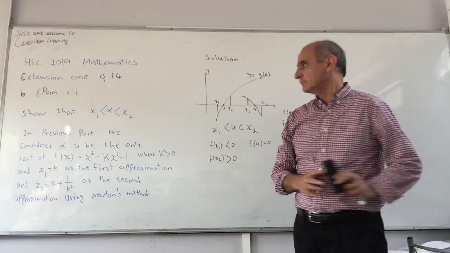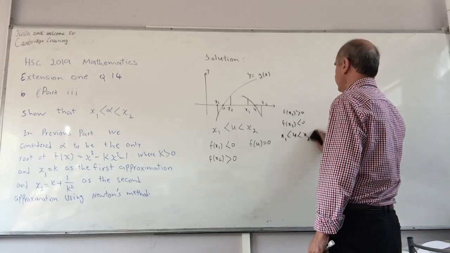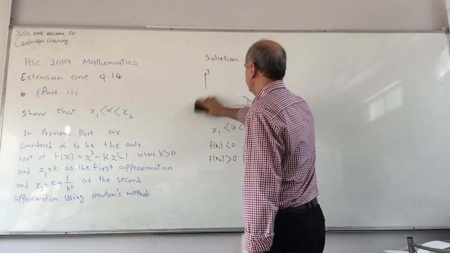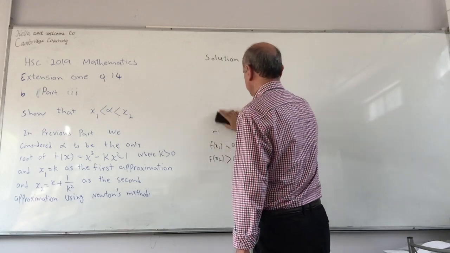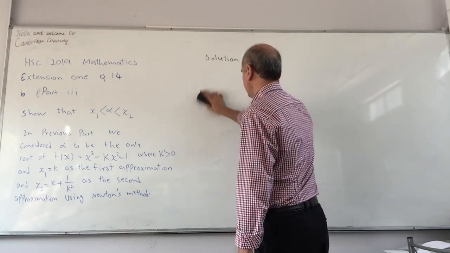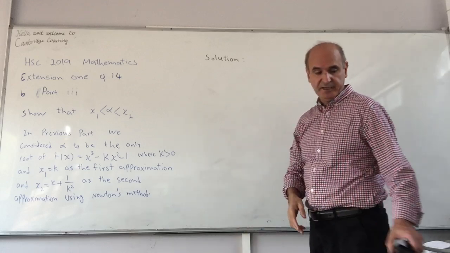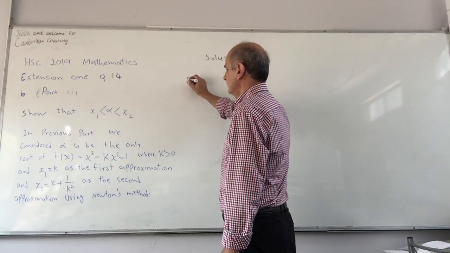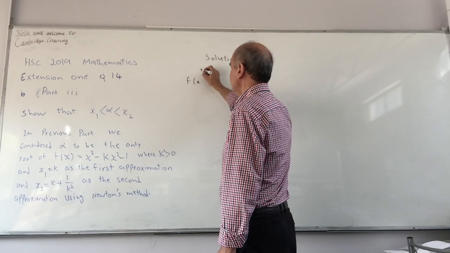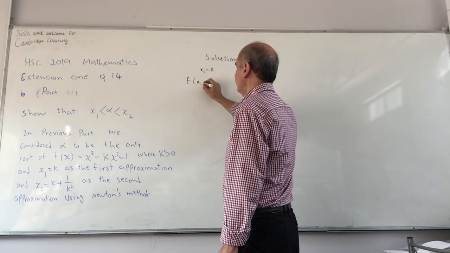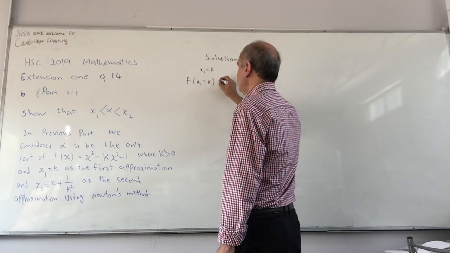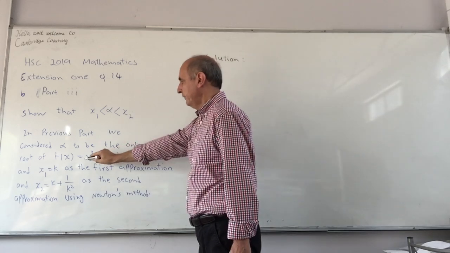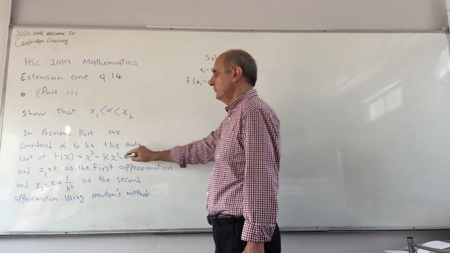Alright, now let's have a look at this case. So x1 here is k, then f of x1, which is f of k, is equal to, that's my f of x, I sub in k for that.